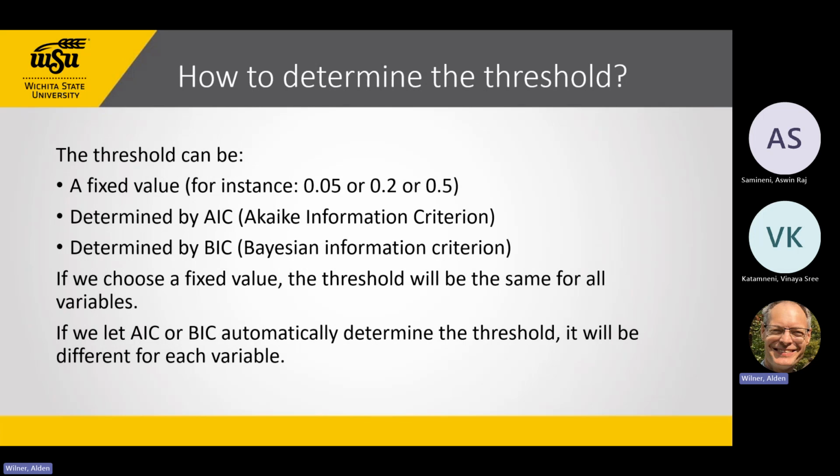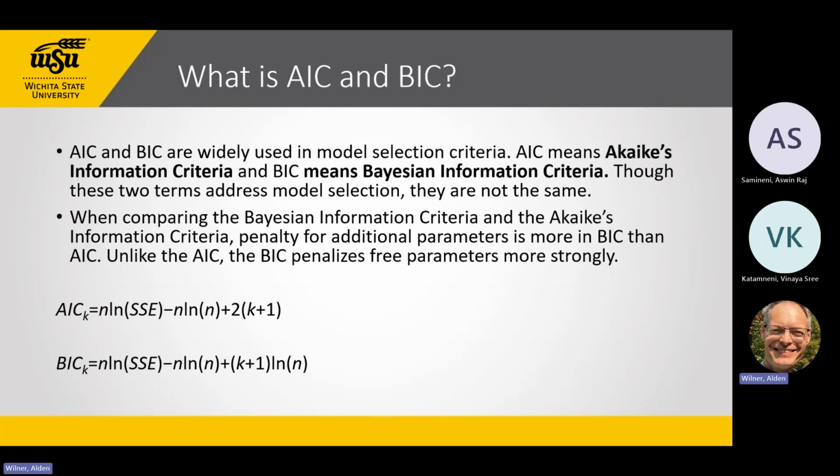The point being, we don't want to have too many features in our model because this, as we said, increases the risk of overfitting, increases computational complexity, makes it harder to understand the model, just makes things take longer in general, right? So AIC and BIC, these are the formulas for them. n times the natural log of the sum squared errors minus n times the natural log of the number of observations plus 2 times the number of features plus 1, okay?